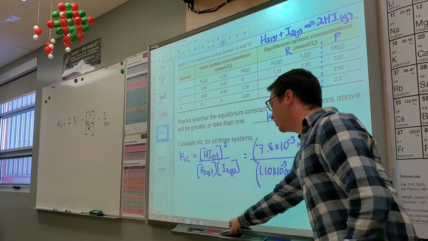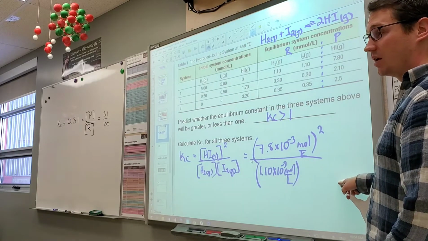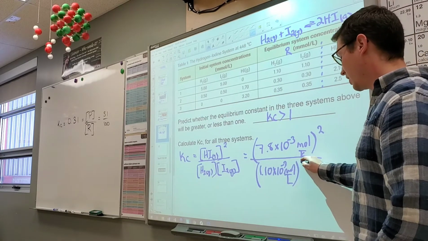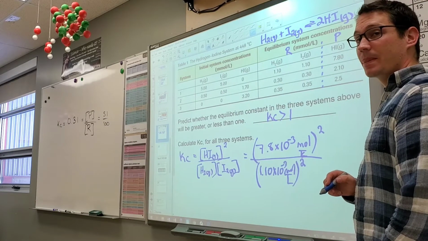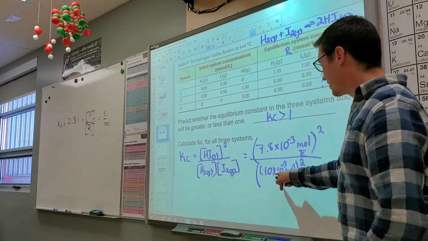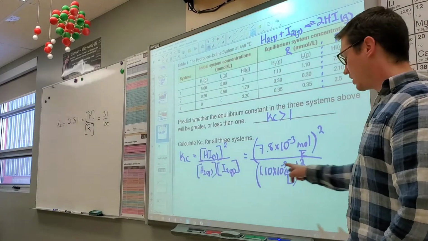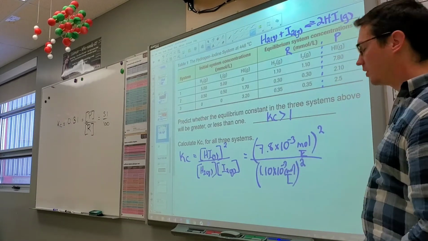Is it okay with you, instead of writing 1.1 times 10 to the negative 3 again, if I just write squared? Do we understand why I did that? It's because the concentration of H2 and I2 are the same thing, but instead of writing the same thing twice in a row, I can just write this squared.